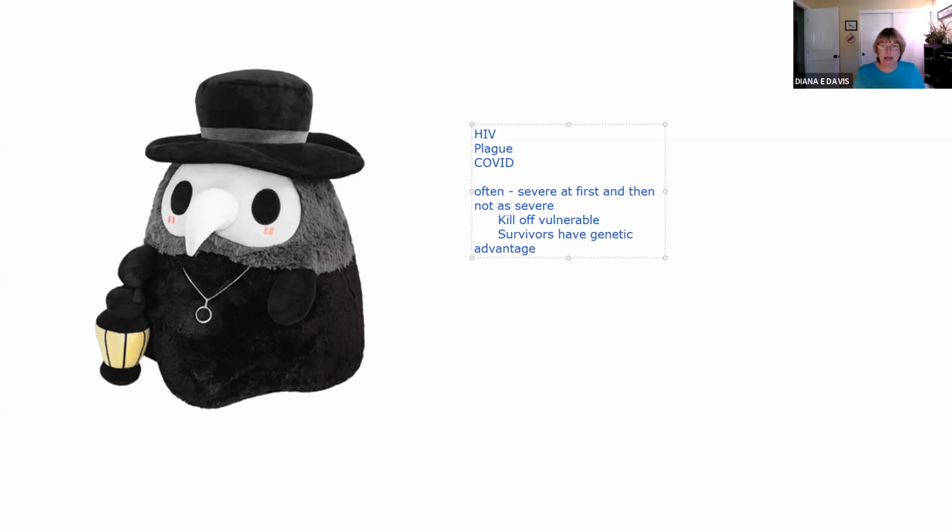Or it can be evolution of the disease vector. But there's no guarantee that the disease vector will evolve to become milder. It can also evolve to become more severe. And immunity. So people who are exposed to diseases develop immunity to them.